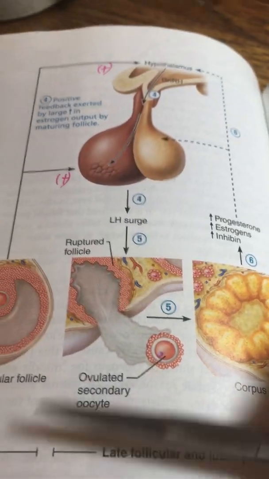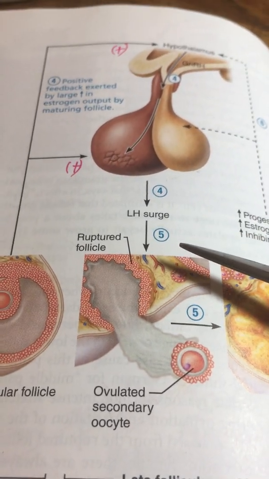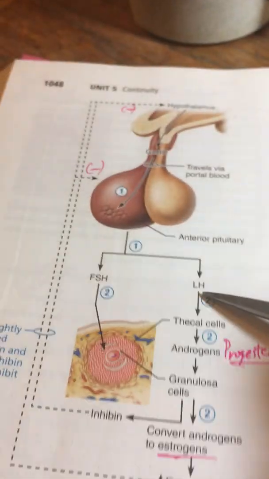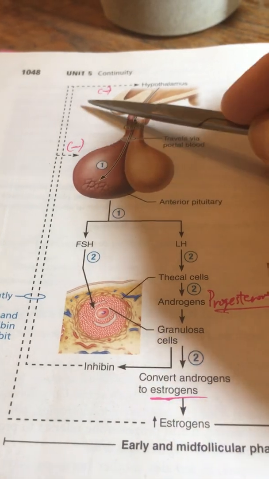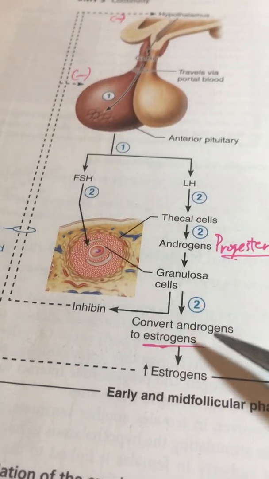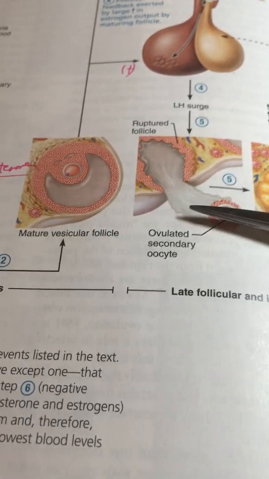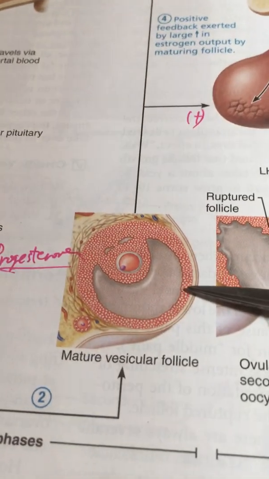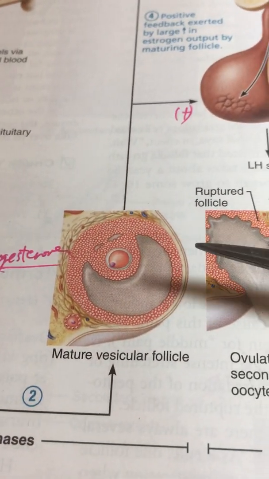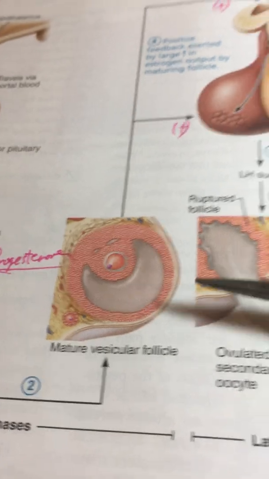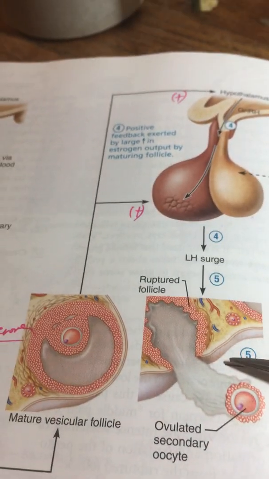Okay, so then you'll notice here that initially we have a negative feedback system, which maintains moderate amounts of estrogen, progesterone. Then over here, once we get to an antral follicle, suddenly we get something that is more like positive feedback.